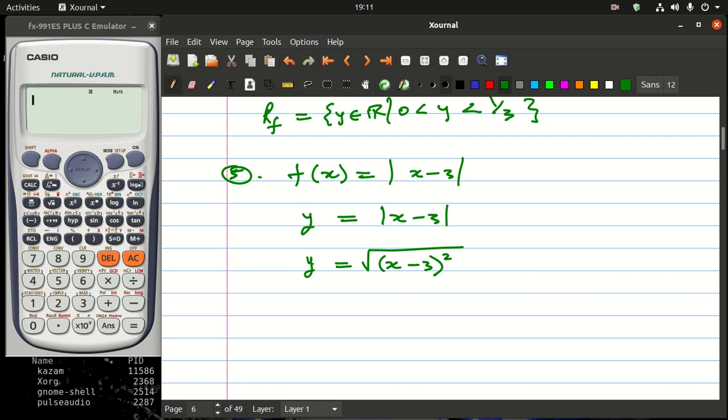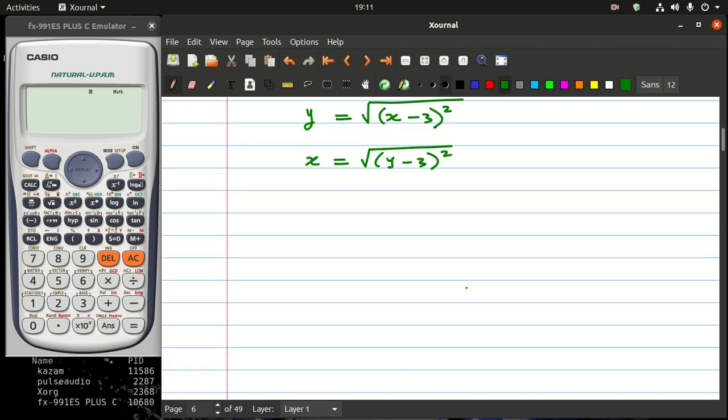Now I'm going to interchange x and y, so I will have x is equal to the square root of (y minus 3) squared.